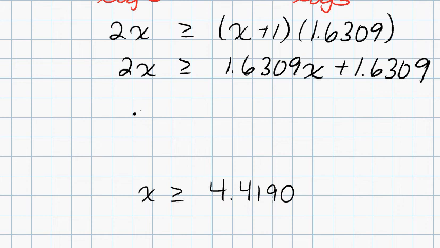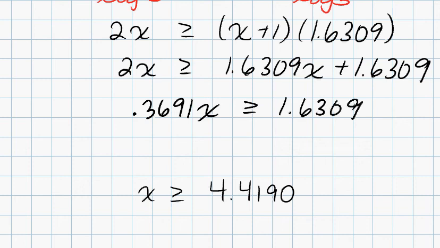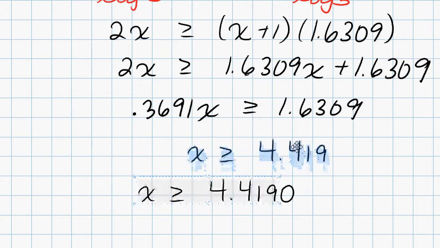So 0.3691x is greater than or equal to 1.6309. Divide and you get the answer we were looking for.